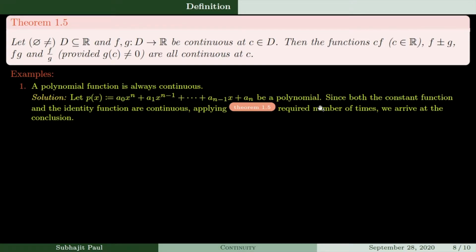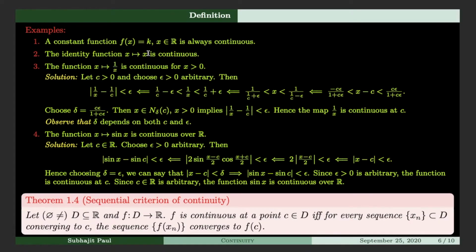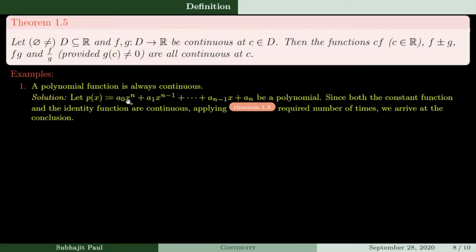This is a polynomial. Since both the constant function and the identity function are continuous, the constant function f(x) equals k is always continuous. We have seen this in the last class, and the identity function x maps to x is also continuous. Now over here, let's say a0 x to the power n.